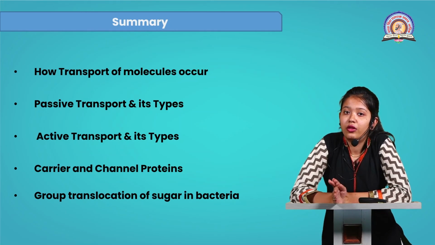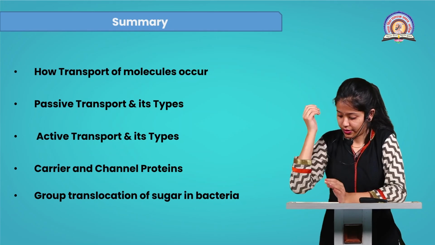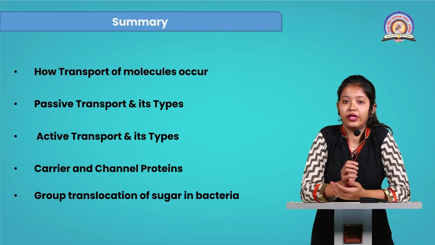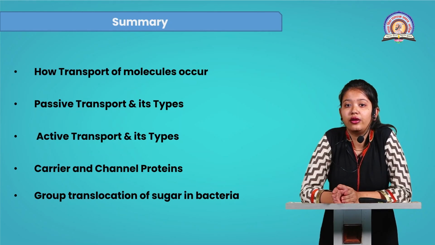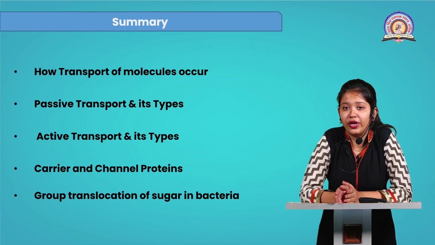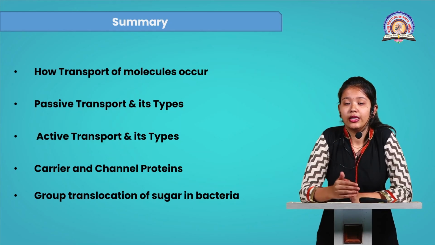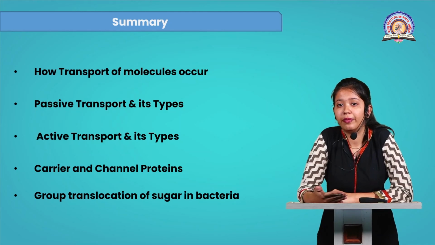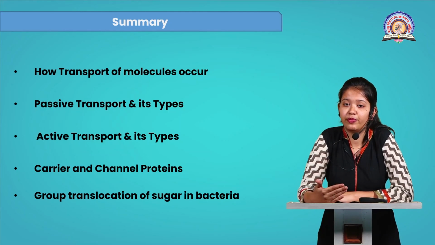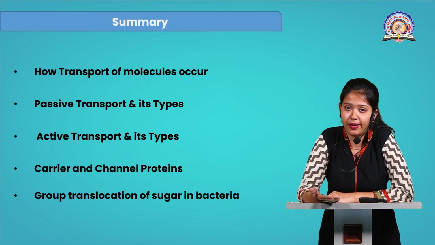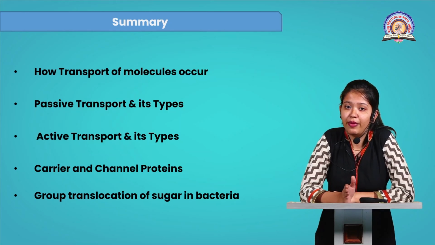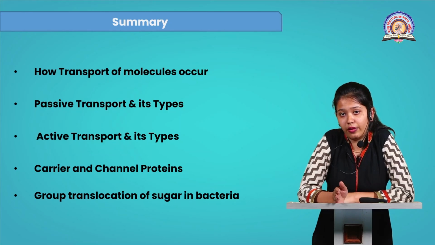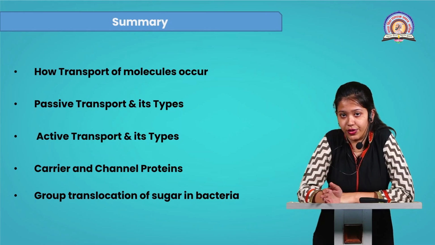Also, we saw the different types of proteins, that is, carrier and channel proteins. The similarity between the carrier and the channel proteins is that both are integral transmembrane proteins which span the plasma membrane multiple times. Channel proteins are specific in nature, while carrier proteins are not specific in nature.